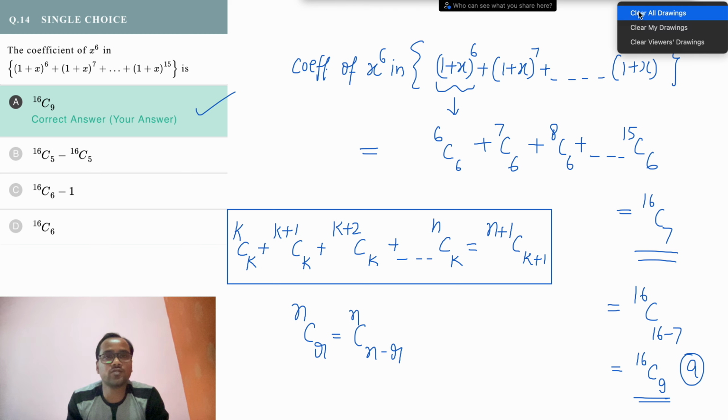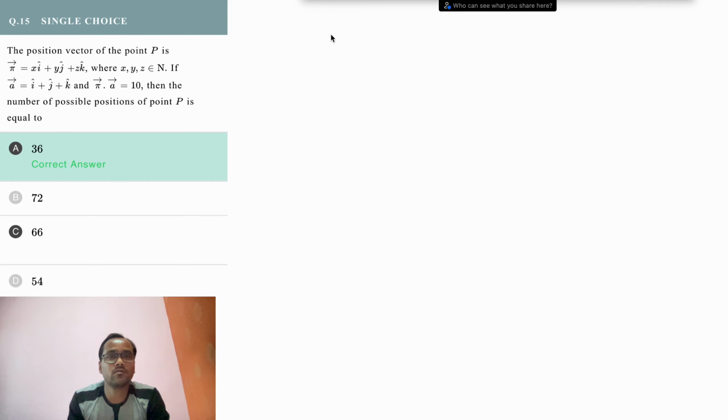Now let's come to the next question. Question number 15. In this question, the position vector of a point P is given to you: xi plus yj plus zk, where x, y, z are natural numbers.